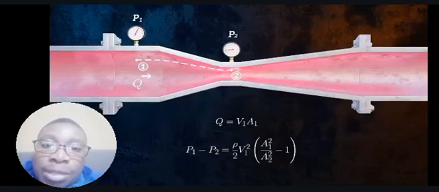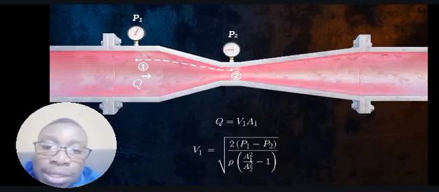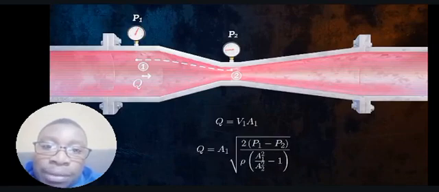So if you still remember our pressure drop equation that came from the Bernoulli's equation, here you see that we can easily rearrange it for velocity, where we end up with this, and we can substitute our V1 into that flow rate equation, and that is what we end up with.